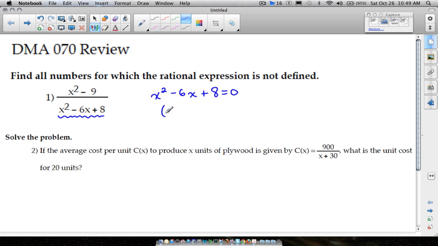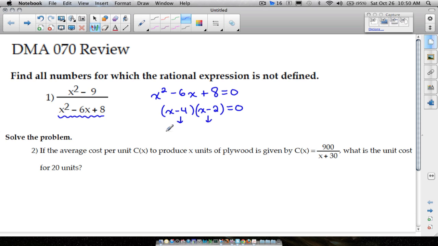When you factor this, we need two numbers that multiply to give you 8, that's a positive 8, and add to give you negative 6. Those two factors are going to be x minus 4, x minus 2, because negative 4 times negative 2 is 8, and negative 4 plus negative 2 is negative 6.